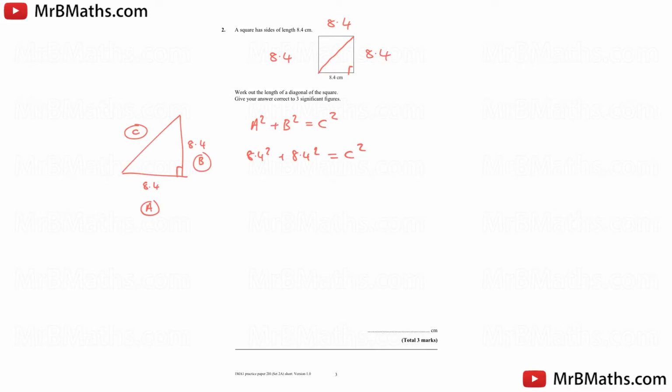So 8.4 squared gives us 70.56 plus 70.56, which gives us 141.12 equals C squared. Therefore, to get C by itself, we square root.